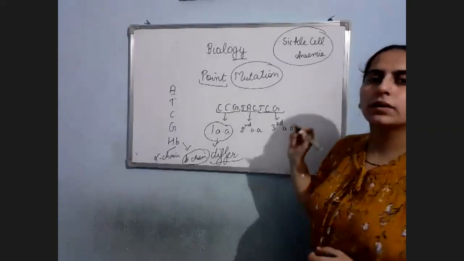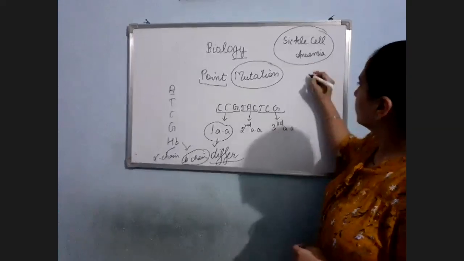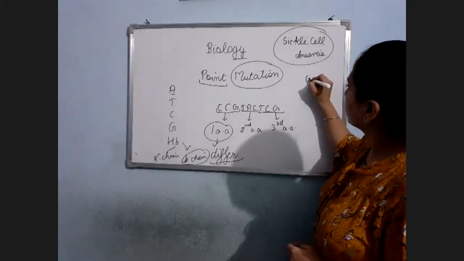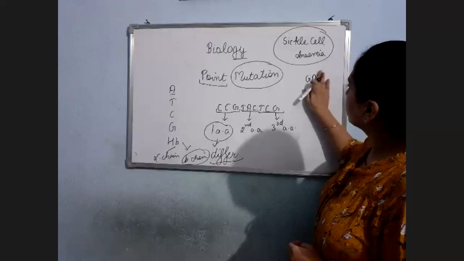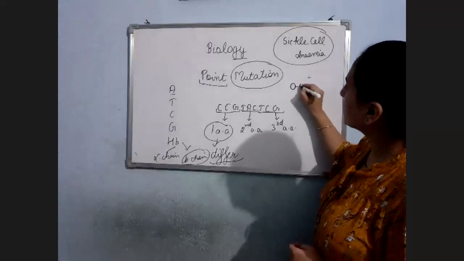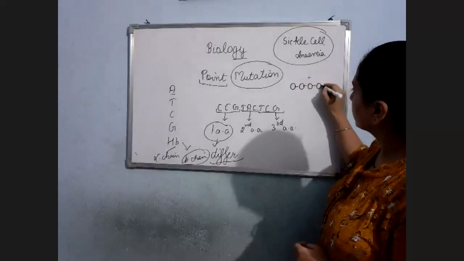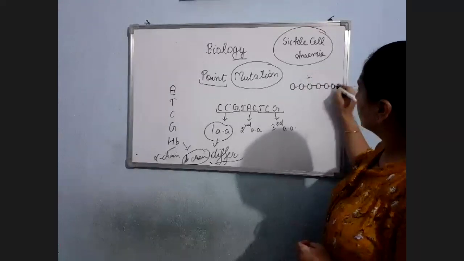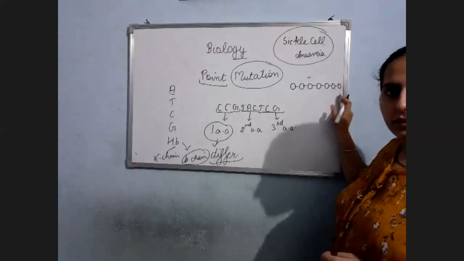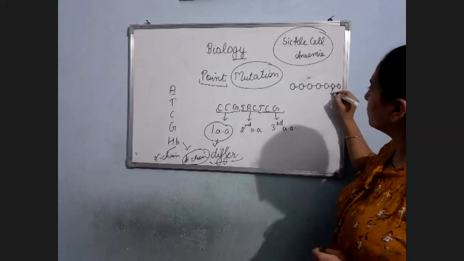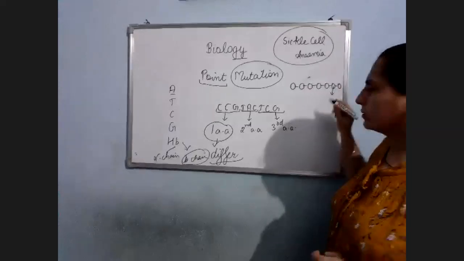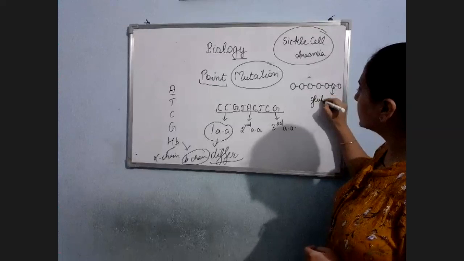Basically, what happens in our body? Suppose here is the beta chain, amino acids are present, and in the normal human being at the sixth place glutamic acid is present.